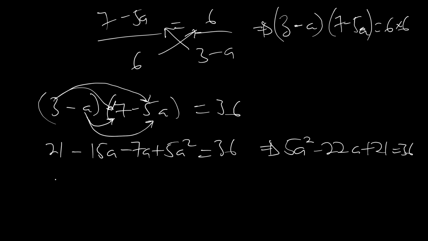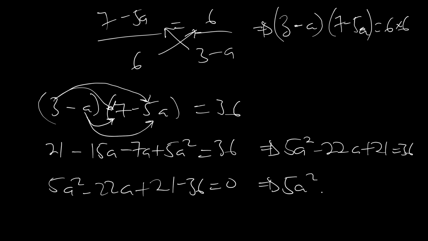So this is the same as 5a squared minus 22a plus 21 minus 36 is equal to 0. Now this gives us 5a squared minus 22a minus 15 is equal to 0.